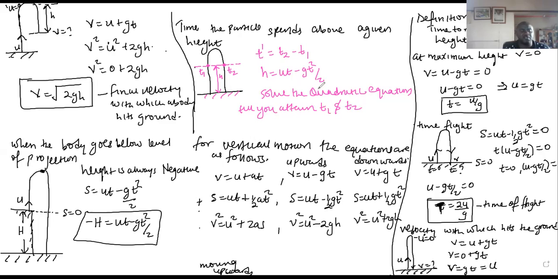So that would be the difference in the time of travel above a given height. So those are our definitions for vertical motion. So we are going to look at the examples.